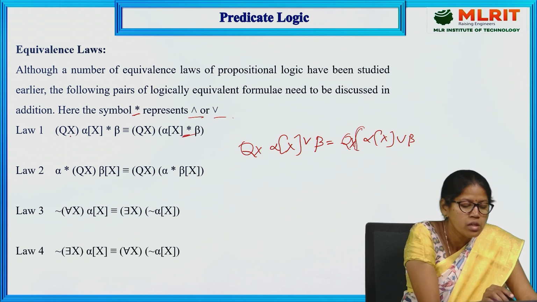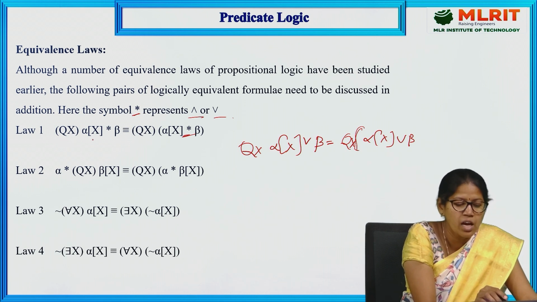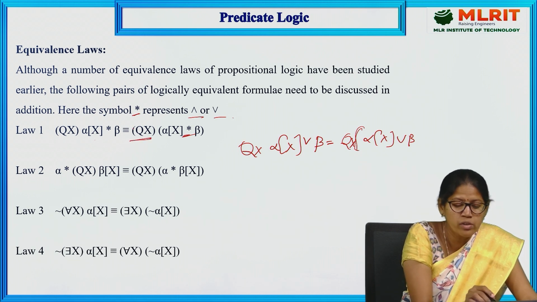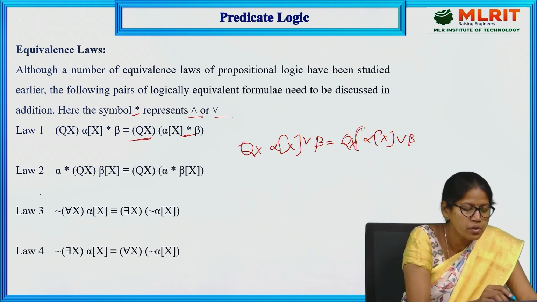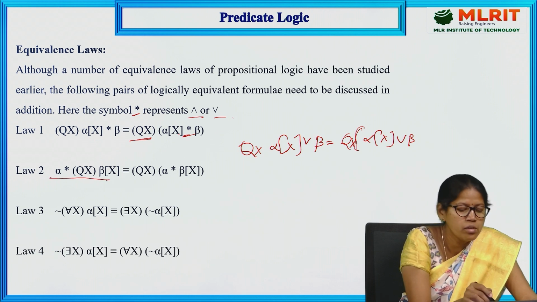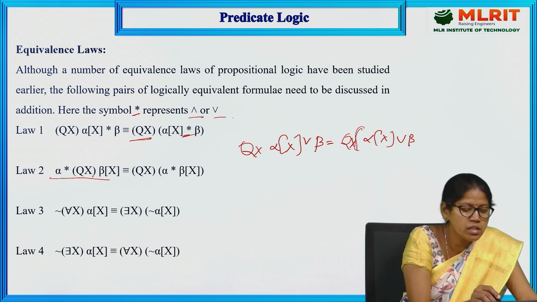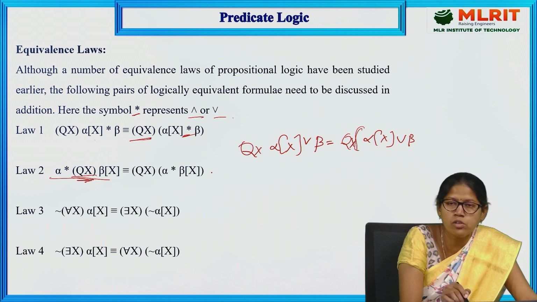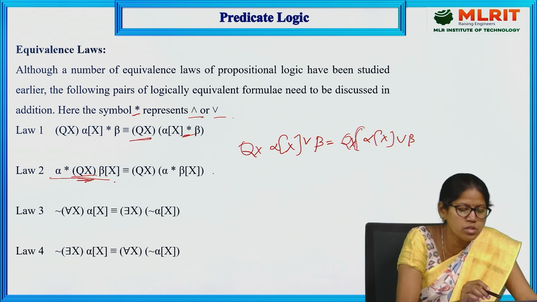The first one: Q of X, alpha X asterisk beta is equivalent to taking the quantification out of the formula, Q of X, alpha X asterisk beta. Similarly, alpha asterisk Q of X beta X, then take this quantifier X out of this formula, then Q of X, alpha asterisk beta of X is equivalent to this one.